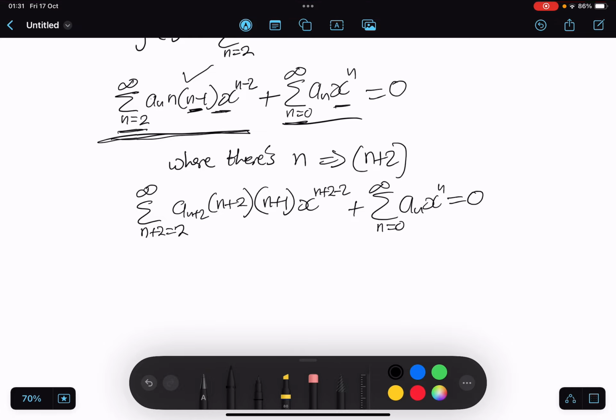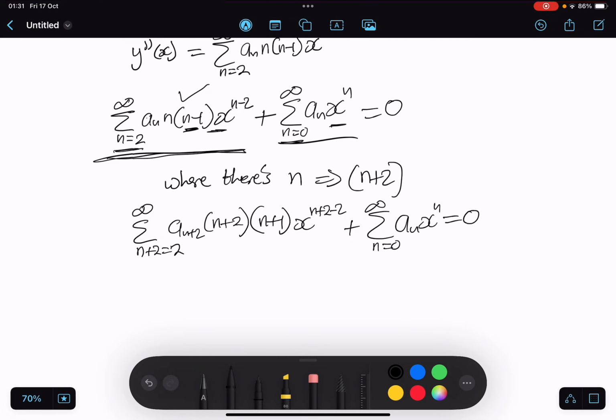So remember, I want to make sure that the exponent of x is the same. I'm choosing to keep x to the power n as my main exponent. So I have to change this one, x to the power n minus 2, to be x to the power n. I do that by substituting, where there is n, n plus 2.